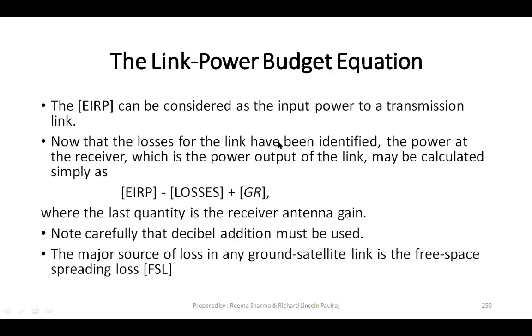Now that the losses for the link have been identified, the power at the receiver, which is the power output of the link, may be calculated. So we have to find out what is my P out. P out is nothing but my equivalent isotropic radiated power minus losses plus gain. Why plus gain? Because it adds up to the signal. Why minus losses? Because it subtracts from the information signal.